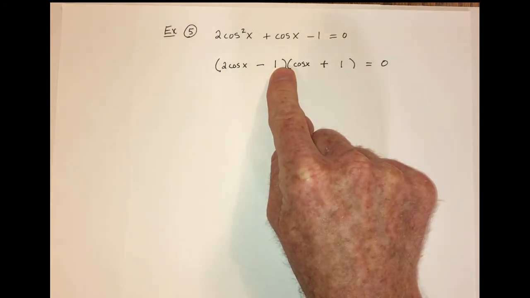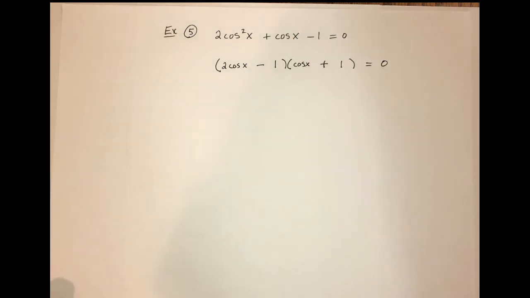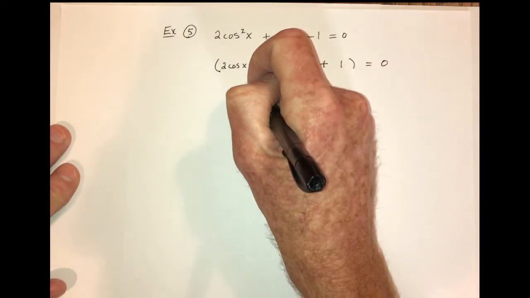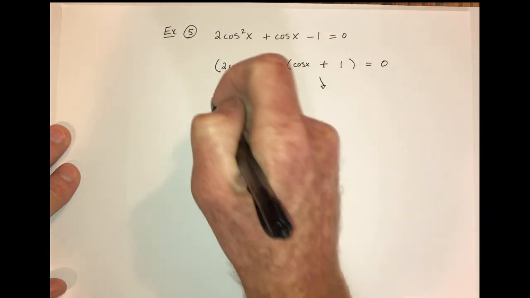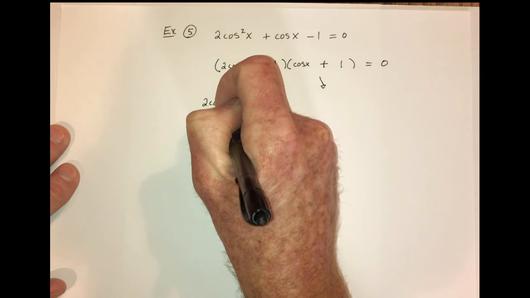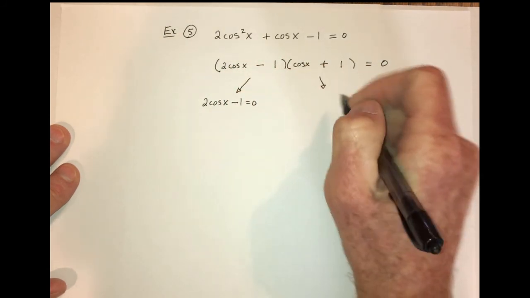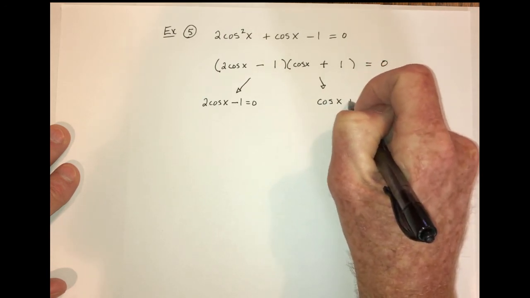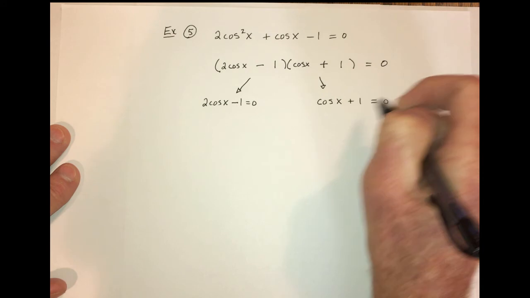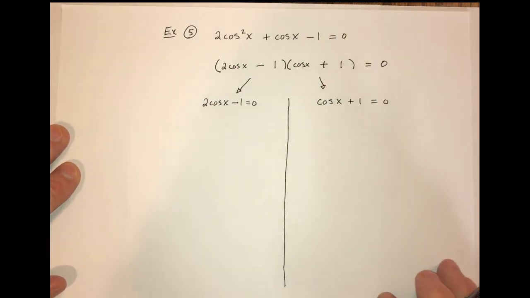And then these two will be minus cosine of x. And that leaves positive cosine, which is correct. Then after you've factored them, you break this into 2 simpler problems. One is, where does 2 cosine of x minus 1 equal 0? And the other one, cosine of x plus 1, where does that equal 0? And these are now separated into 2 separate problems.